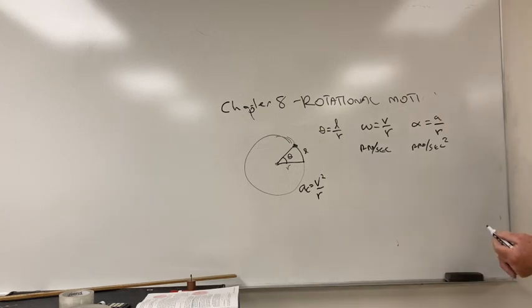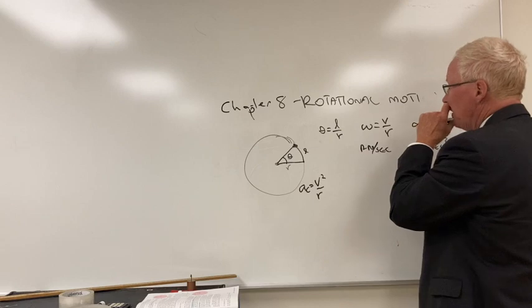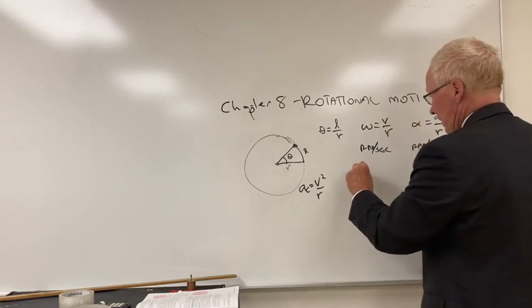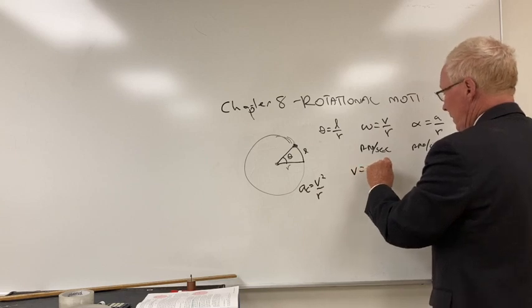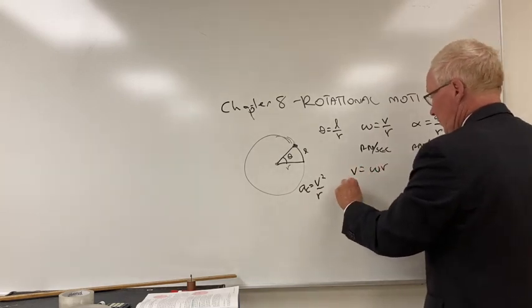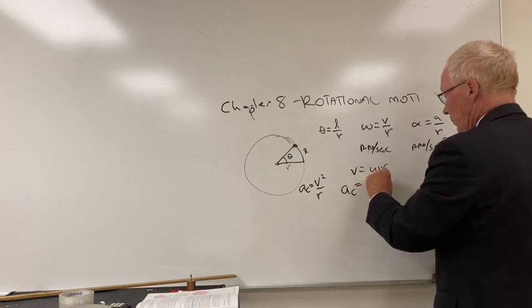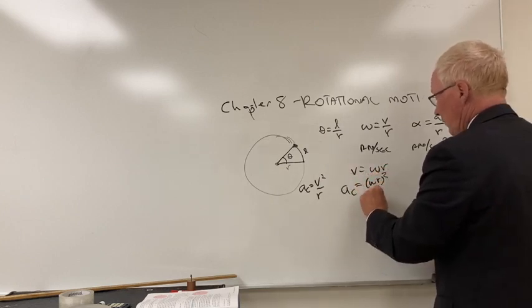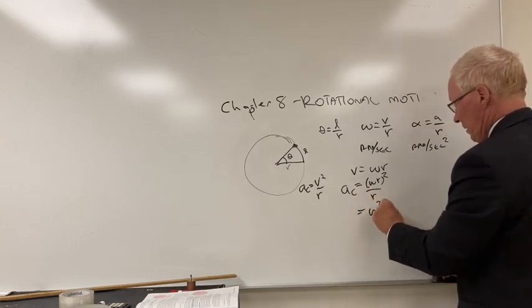If we now express this in terms of omega, v is omega times r, so centripetal acceleration is going to be omega r squared over r, which is omega squared times r.